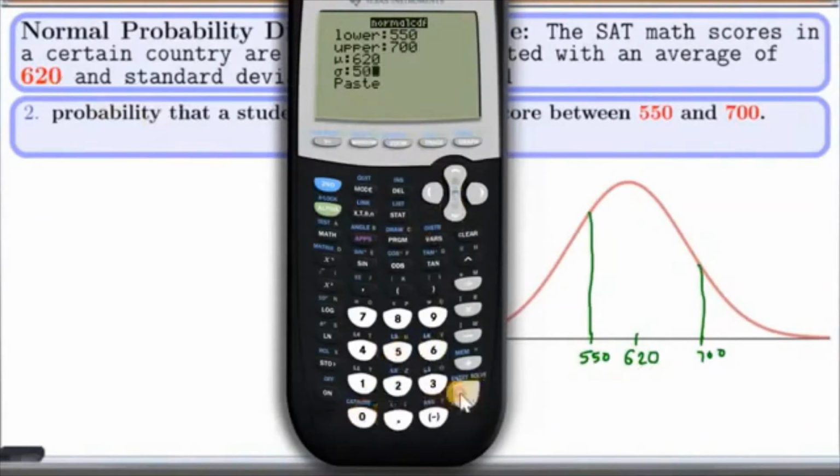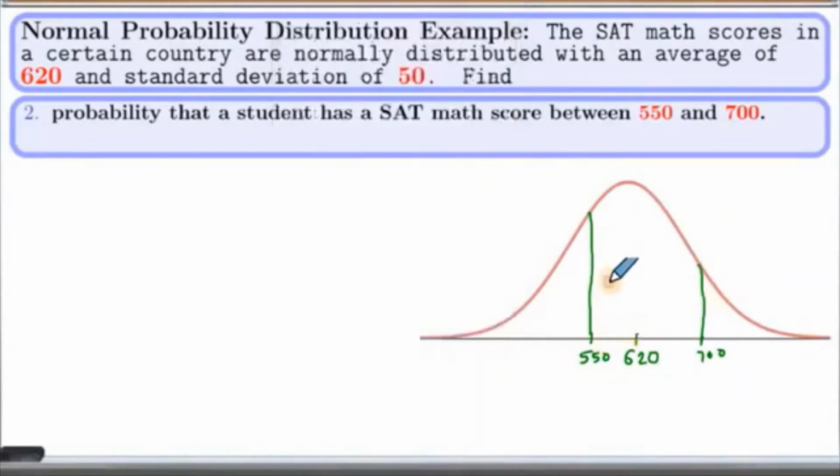Then hit enter. Then hit enter. So we got this number here, and this is the area in between. And that's what we need. Let me write that down here. So this area in between is 0.864. So this is the probability that a student has a SAT math score between 550 and 700.